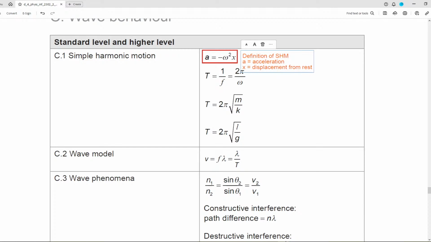But simple harmonic motion, of course, is not just for springs. It's for any kind of oscillatory motion, so this also works for really small angle simple pendulums as well. So that's why I say displacement from rest for everything I've written so far.